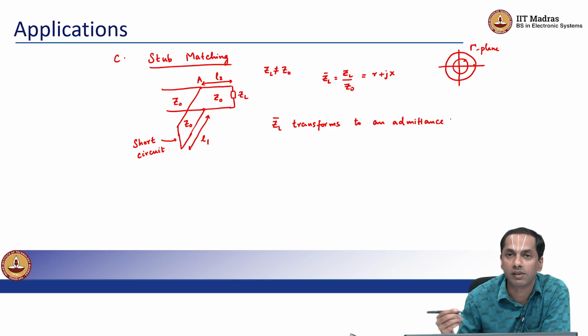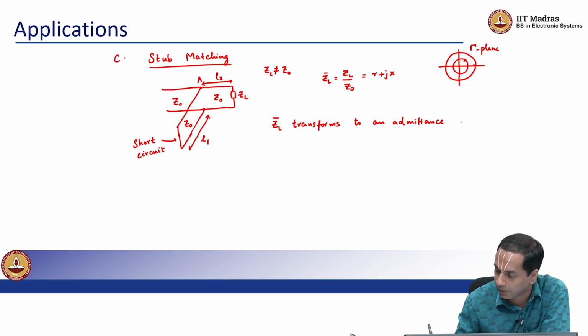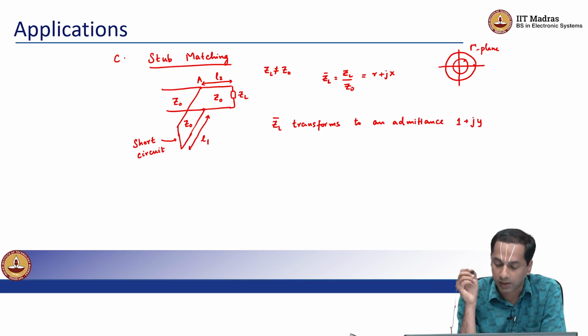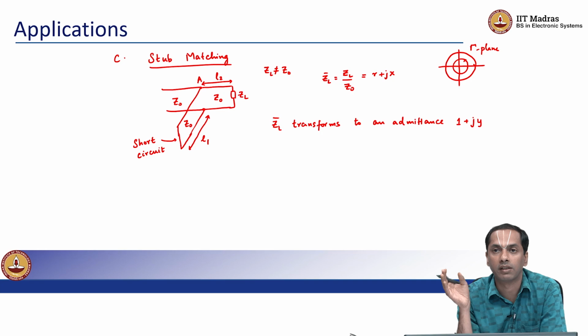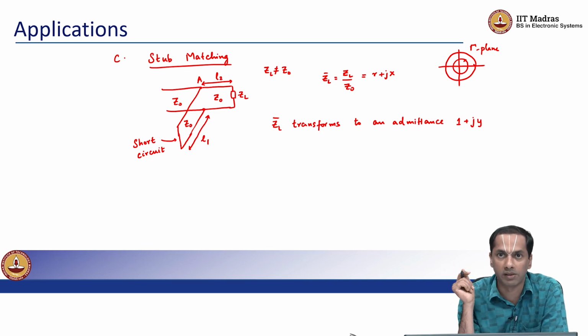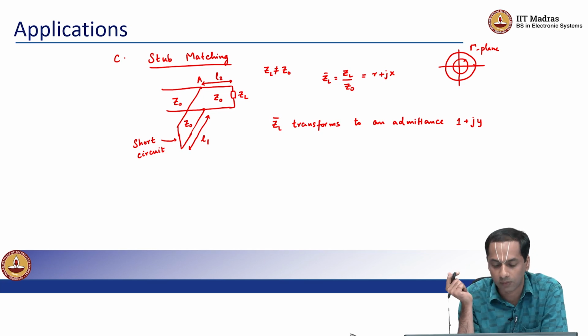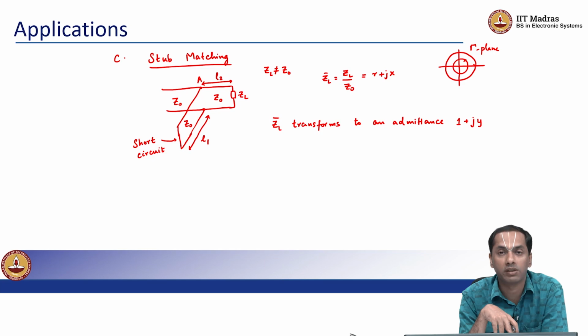Remember admittance is the inverse of impedance. So I can transform this impedance ZL to something that is 1 plus some imaginary component. I am hoping that you are following the thought, and the idea would be to get this short circuit to transform itself to minus jy.